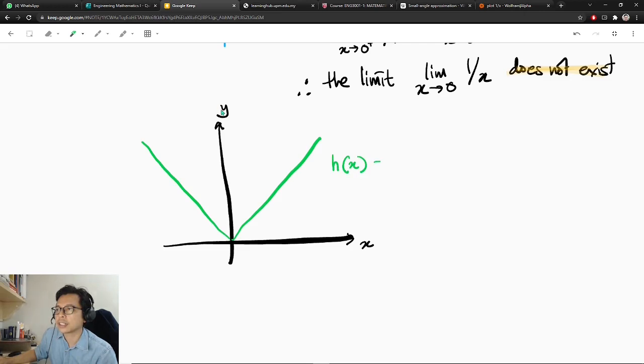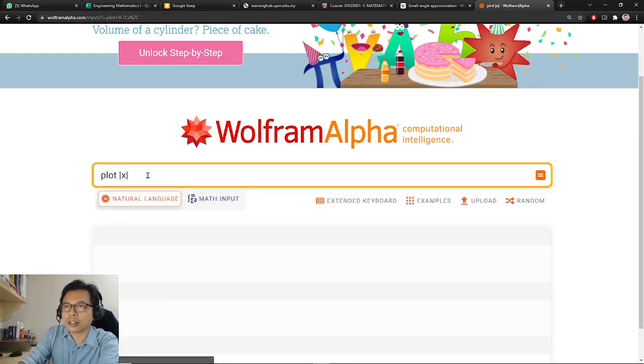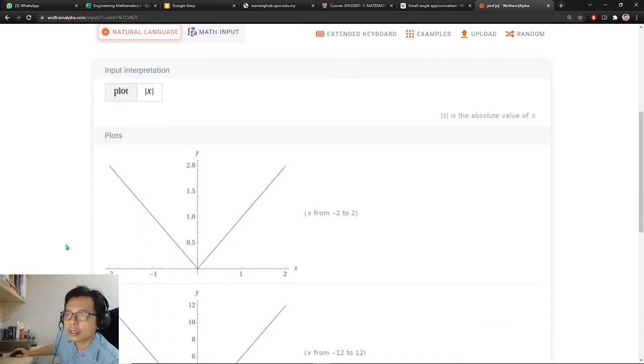The function is an absolute value function. It looks like that. If you don't believe me, let's plot it here: absolute value of x. So it looks like that.